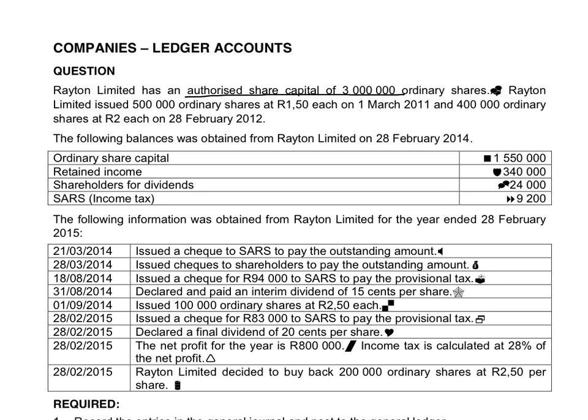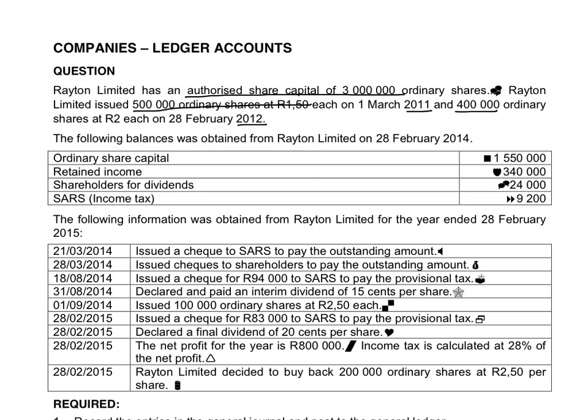Raytheon Limited issued 500,000 ordinary shares at R1.50 each in 2001, so that's before our current year, and 400,000 at R2 each on 28 February 2012. That was also before the current year. So that will be the opening balance in our capital account.